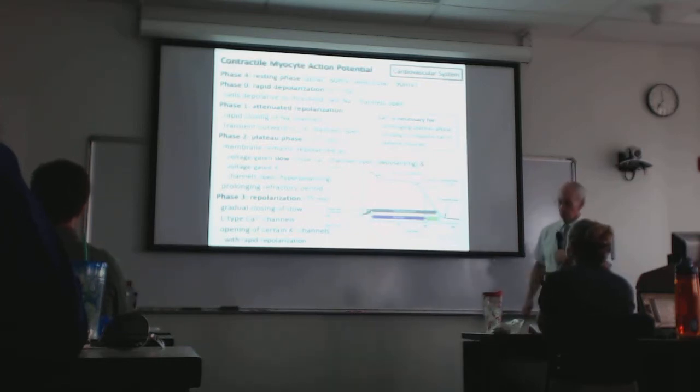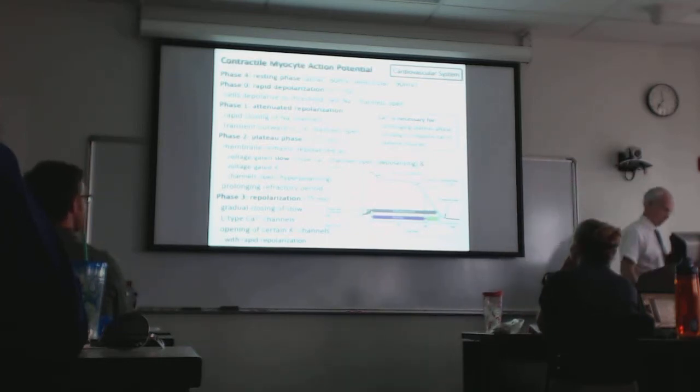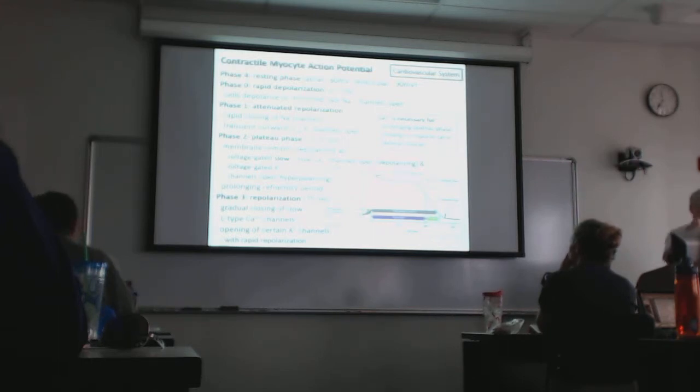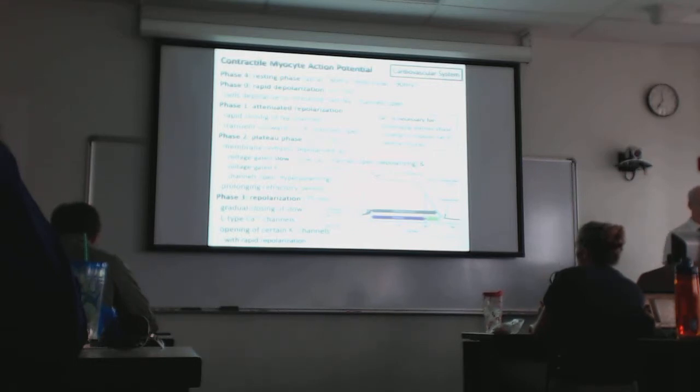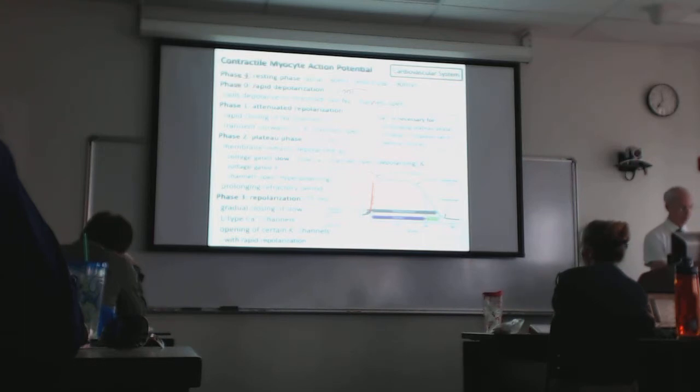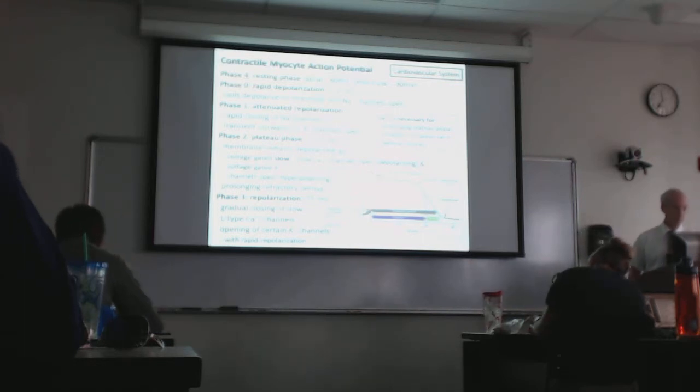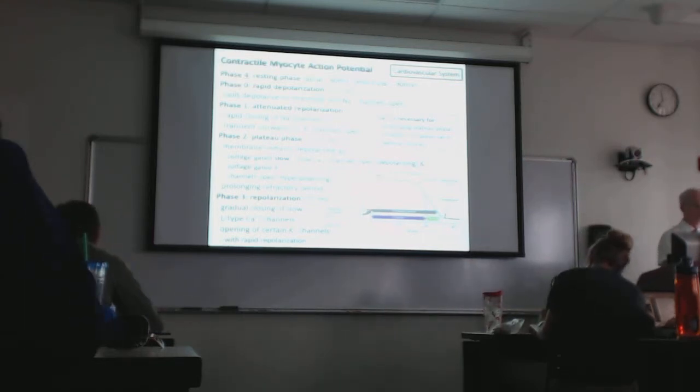Traditionally, this is called phase 4 of the contractile myocyte action potential. So phase 4 is the resting phase, the RMP. Then, very different from the pacemaker potential, there's going to be rapid, signal-dependent depolarization caused by sodium channels. So this depolarization that you see in phase 0 in the contractile cell is entirely mediated by sodium. Notice it only lasts a few milliseconds.